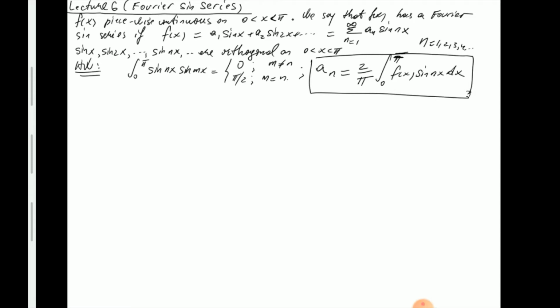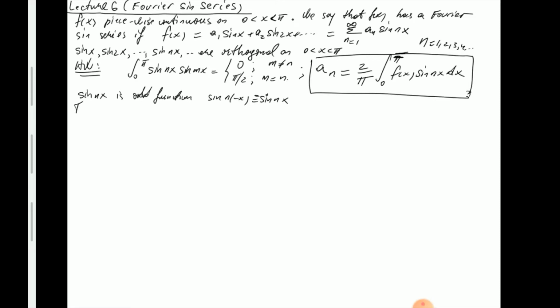But before we do a couple of examples, let's emphasize once again that these representations are not just good for 0 to pi. Because the sine function is an odd function, sine of minus nx is minus sine of nx.